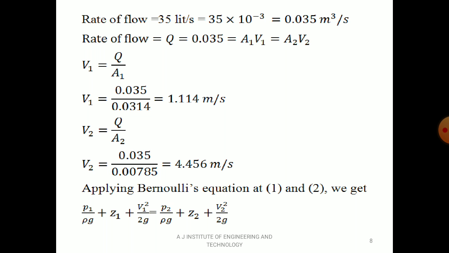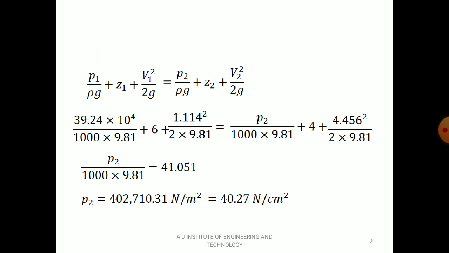For section 1 and 2, it is P1 divided by rho g plus z1 plus V1 square divided by 2g, equal to P2 divided by rho g plus z2 plus V2 square divided by 2g. Now we have the values of P1, z1, V1, V2 and z2, so we can easily get the value of P2.